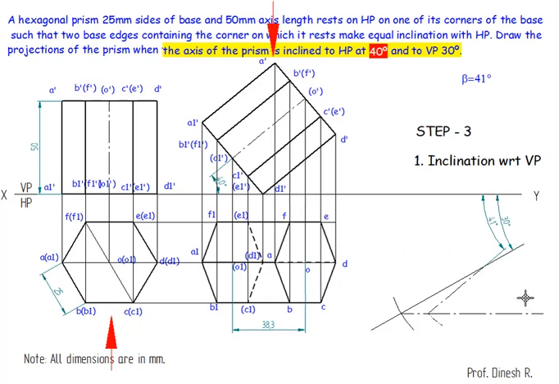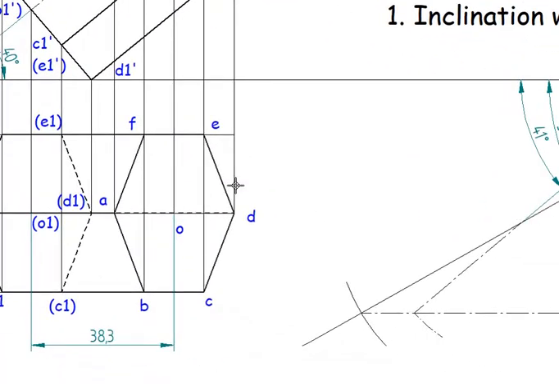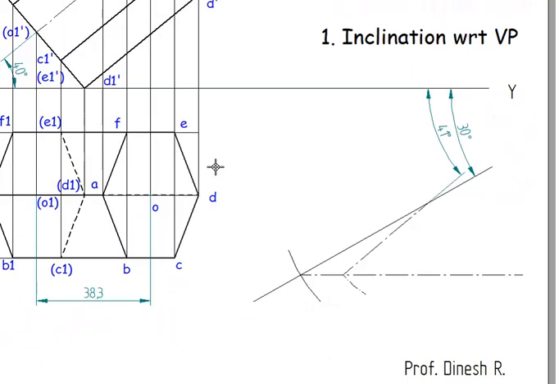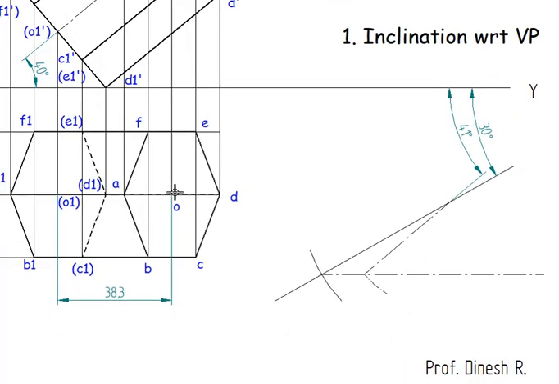So initially we are going to draw the face, then the lateral edges. So now I am going to take, this is nothing but the point O. I am going to find the distance from O to E. O to E distance will be equal to O to C, will be equal to O to B, will be equal to O to F, because we are solving the regular solid, which is equal to 23.13.